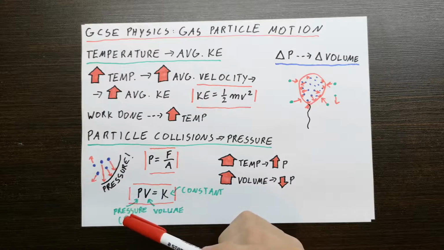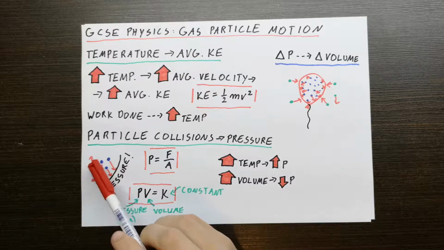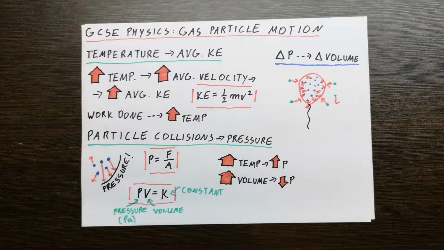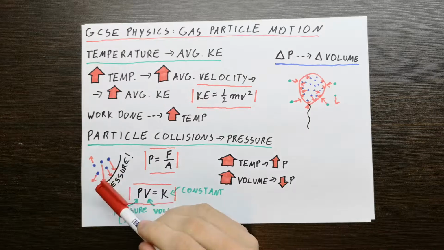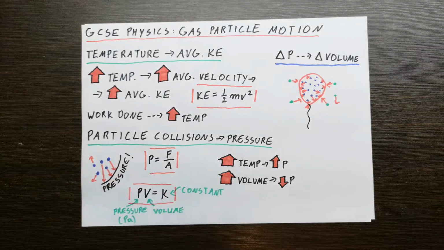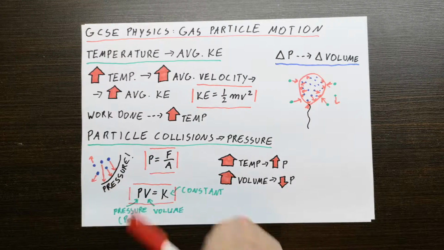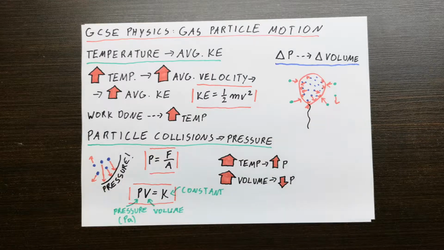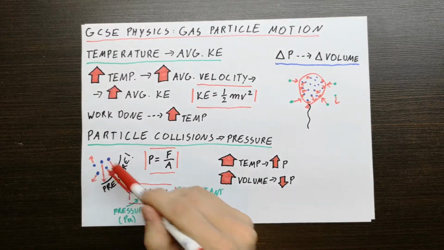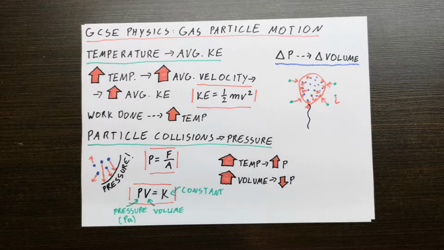Seeing as this is the case, if these particles are randomly moving around, once in a while they will hit the side of the container. Considering how many particles we have in a gas, a lot of them at any given time will be hitting the side of the container. Every time they hit it, they exert force on that container, and that is pressure.